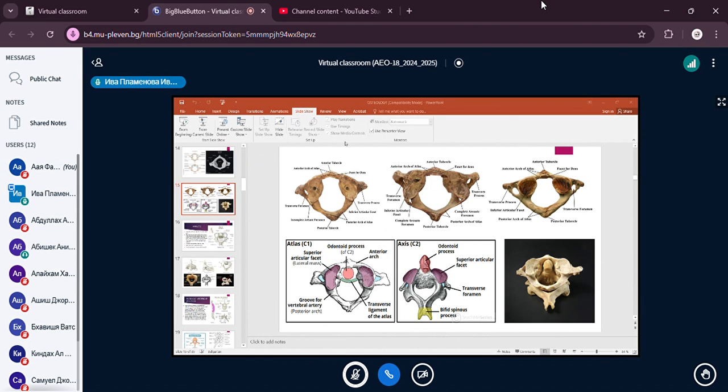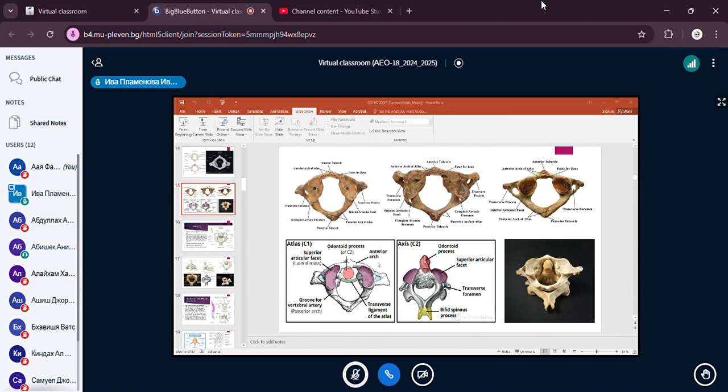This foramen here. Can you see the name? This is the transverse process, and on it we have the transverse foramen. We have articular surfaces for the occipital bone and for the axis.